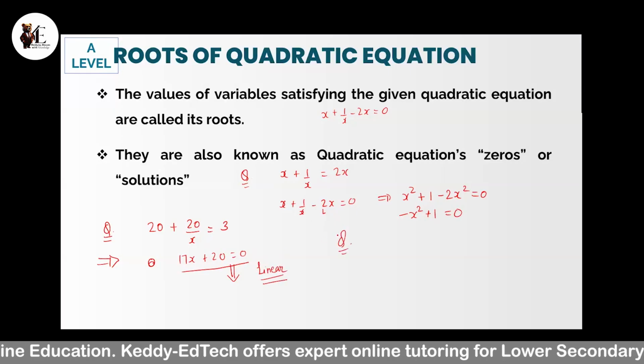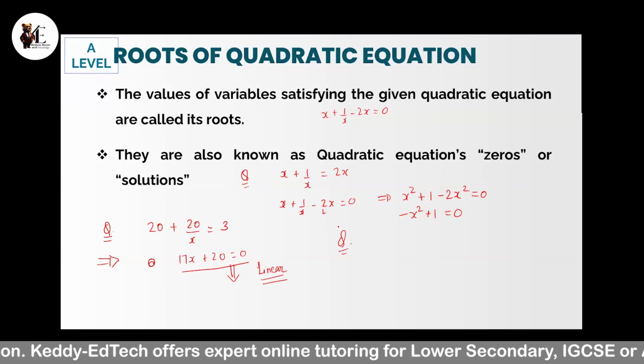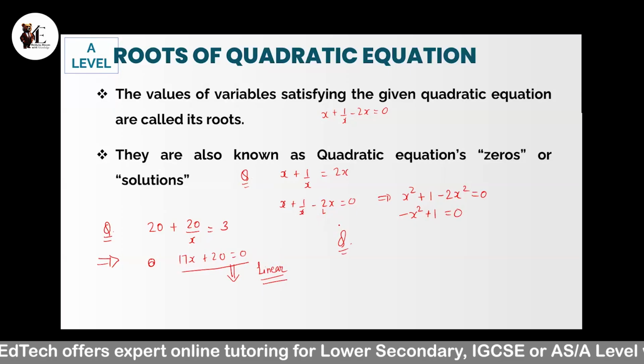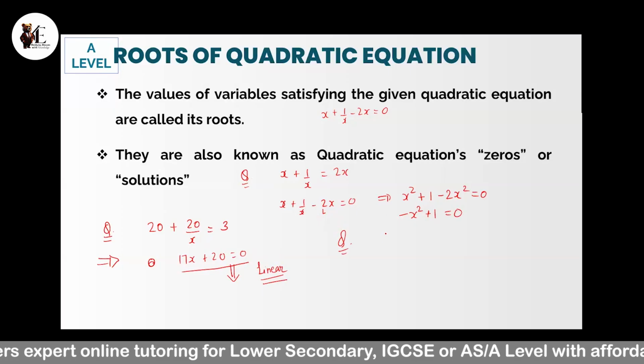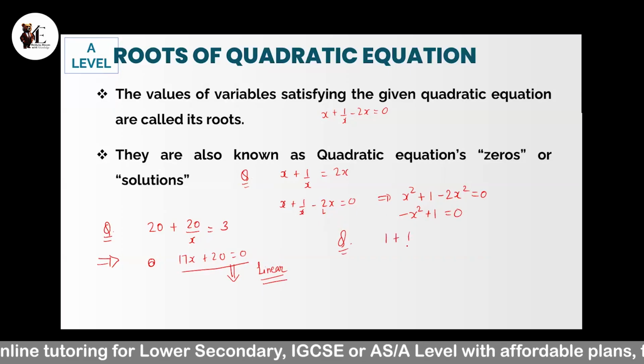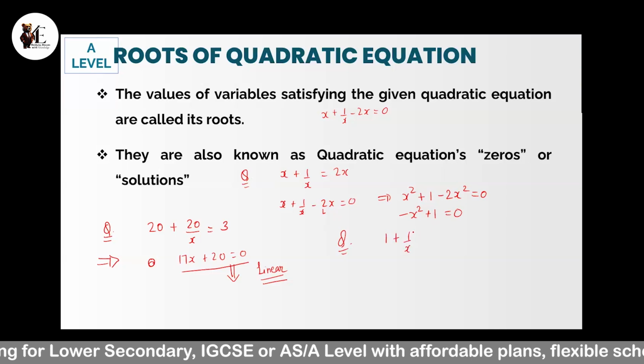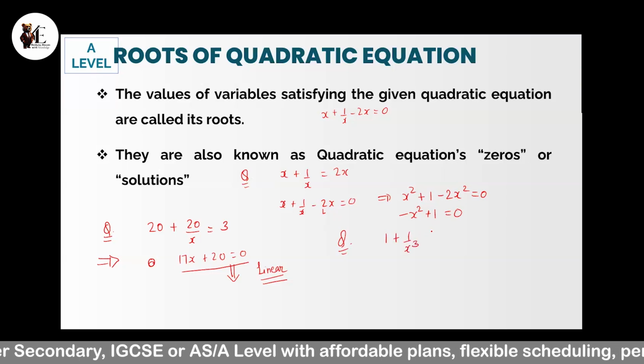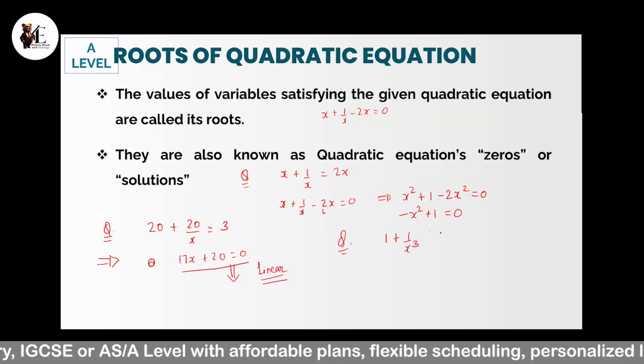Okay, the next question. The next one was 1 plus 1 over x to the power of 3 equals 10.